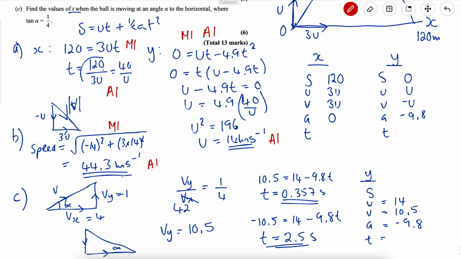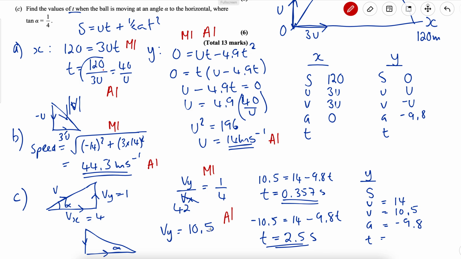For part C, there's a method mark for making an equation linking the velocity in the x and y direction with the quarter. It doesn't have to be set out like this, but it does have to clearly link the two. And an accuracy mark for it being correct. So a equals 1, or you may have done the working out to show that it's going to equal 10.5.